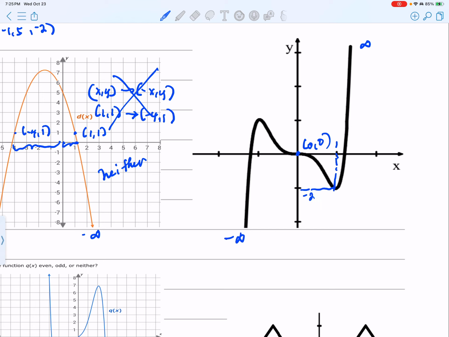And this one right here, I'm talking about this point. This is -1. And this is -1, right? Oh, wait, I made some mistake here. It's not -2, but this is -1 as well. And the top is +1.